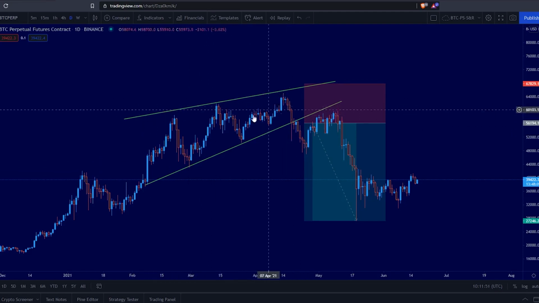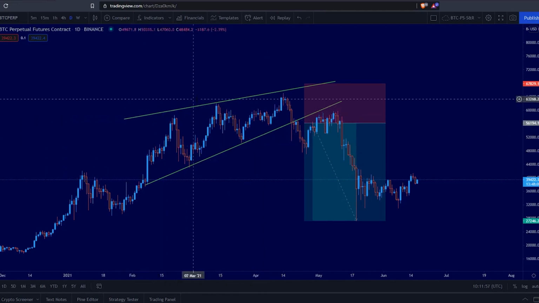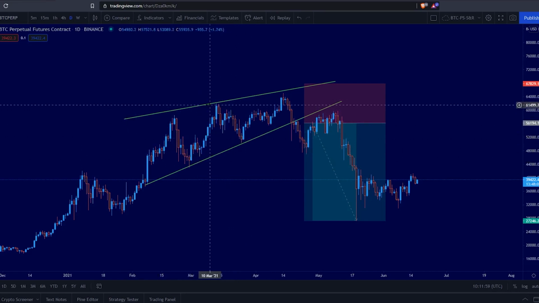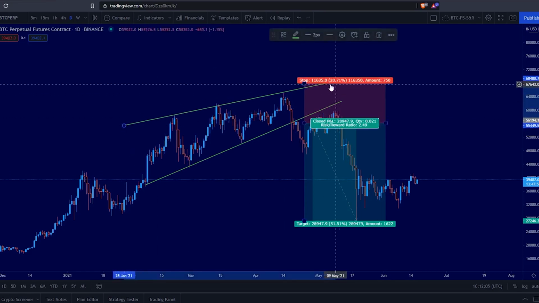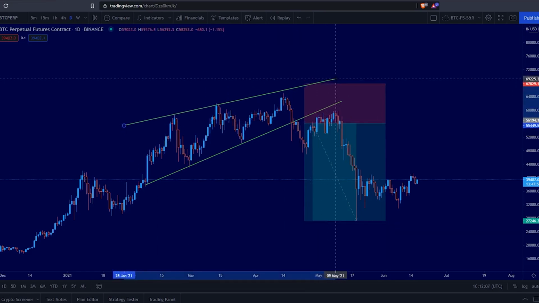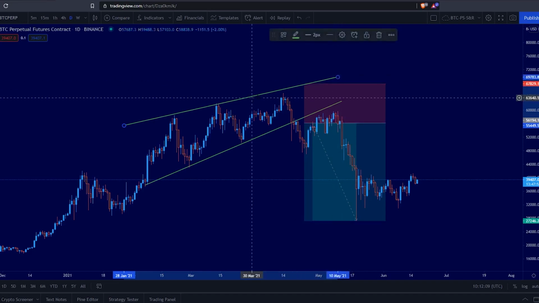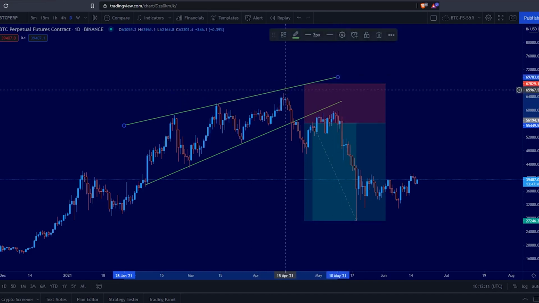So if you were able to spot this pattern forming, say by this point, where you've got your first pattern or the second sequential move of a higher high and a higher low, what you would be thinking is, if we put our trend line as we would here, that potentially now what we're going to see is, if we see another hit a point here form, then we are definitely looking at a bearish trend.